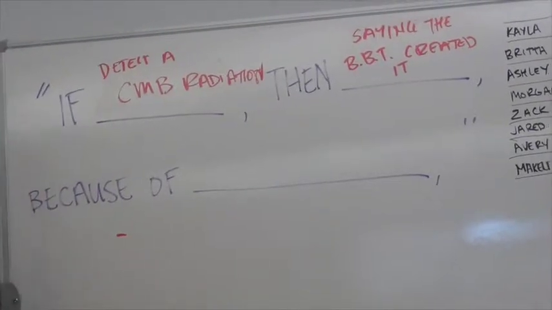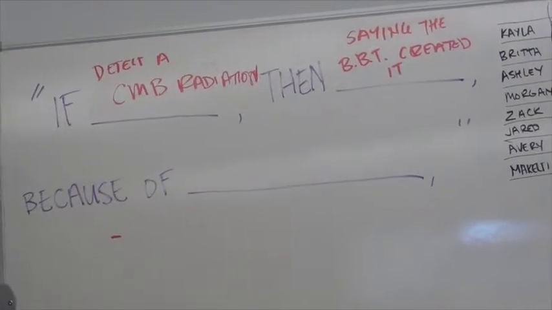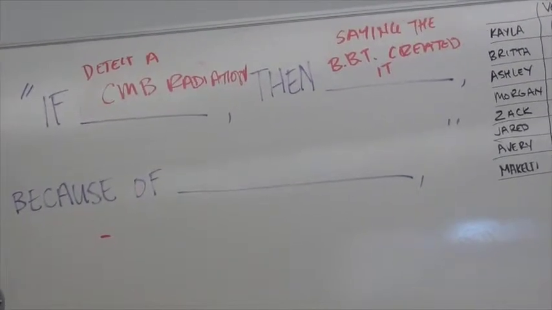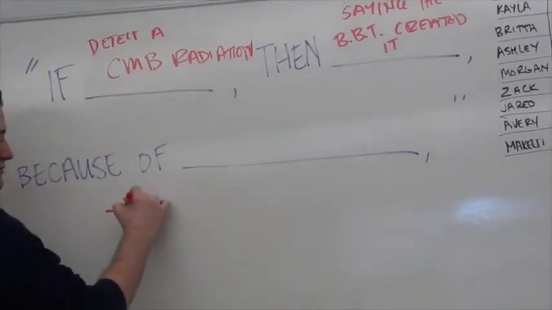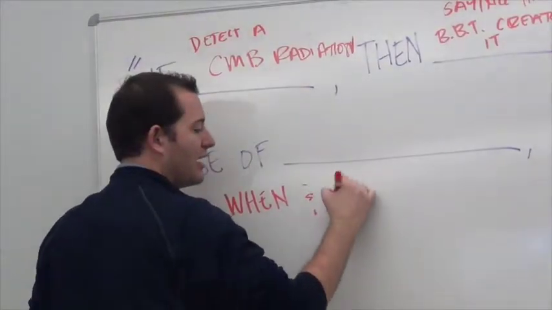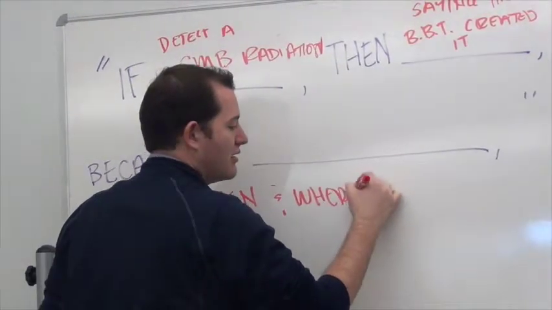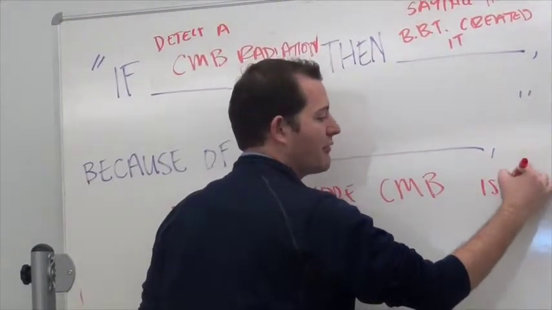The stars. The what? Stars. What do you mean by the stars? I forgot, we were talking about it in that one thing. How about when and where the cosmic microwave background radiation is supposed to come from?